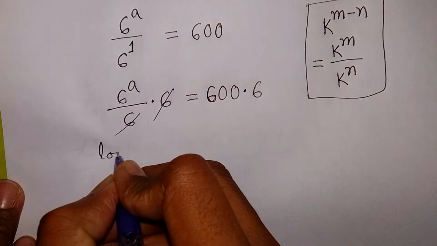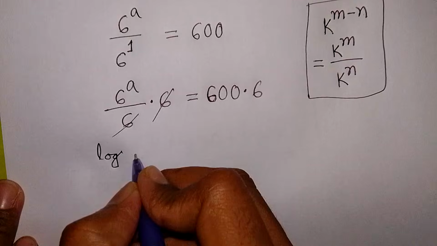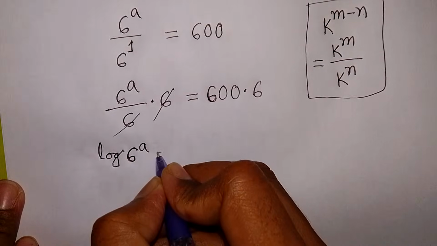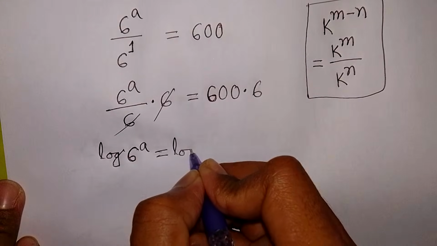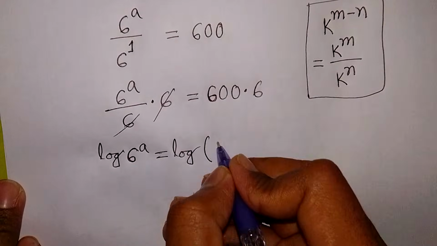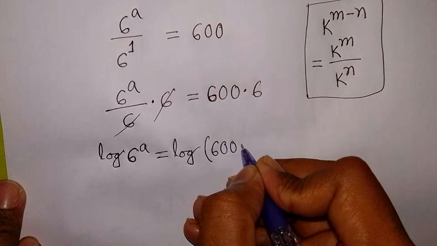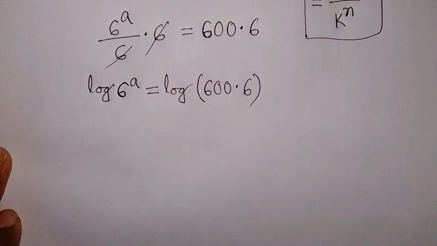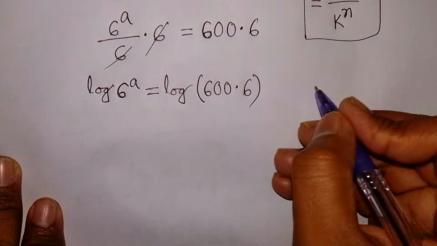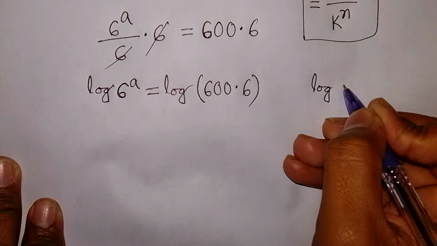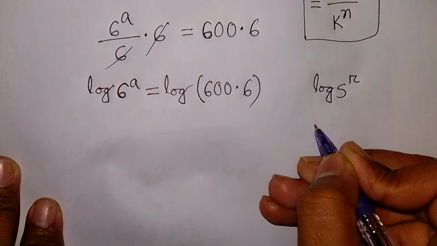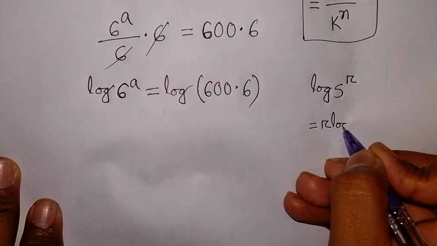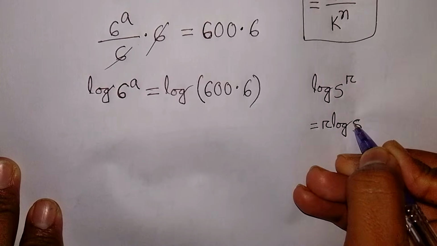Now we apply log on both sides. So log of 6 power a is equal to log of 600 times 6. Now here we apply the rule that log s power r is equal to r log s.